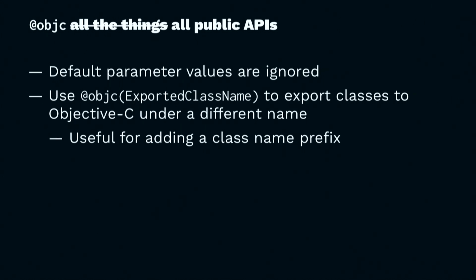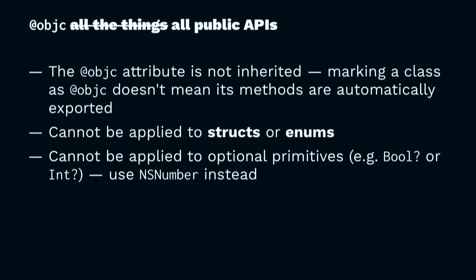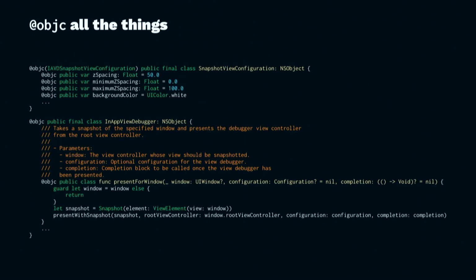And the other thing is that default parameter values are ignored. Swift has a really nice feature where you can specify default arguments for a function so that you can call the function without those arguments and it'll use the default values automatically. This feature is not supported at all in Objective-C. Just to illustrate what I mean by defaults, it's like configuration equals nil and completion equals nil.